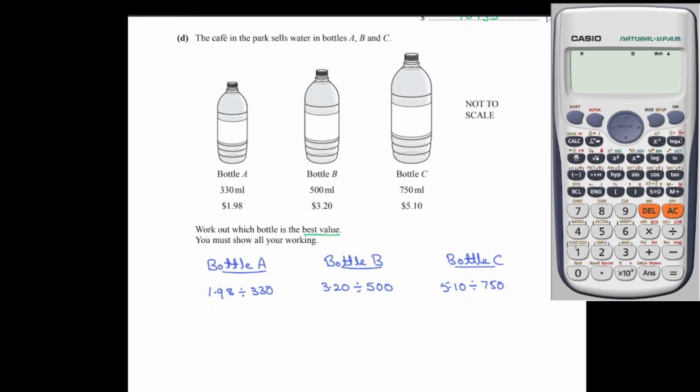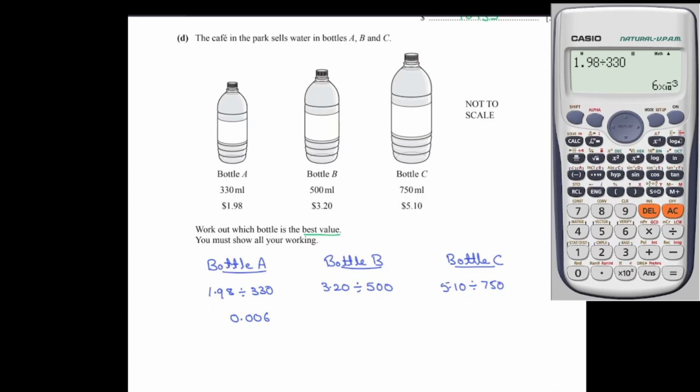So just find out that 1.98 divided by 330, where I am getting 6 into 10 raised to minus 3. So that will be 0.006 per milliliter.